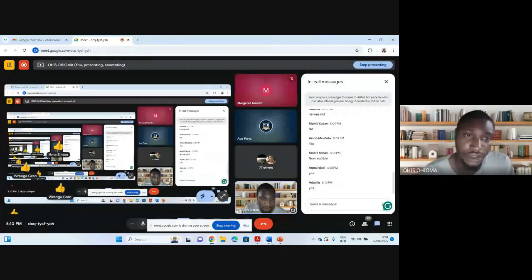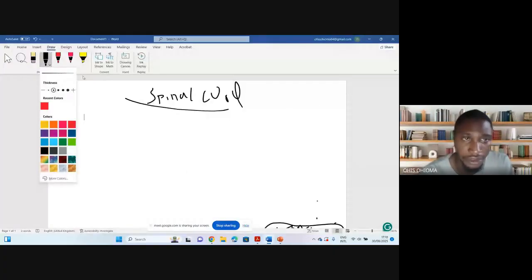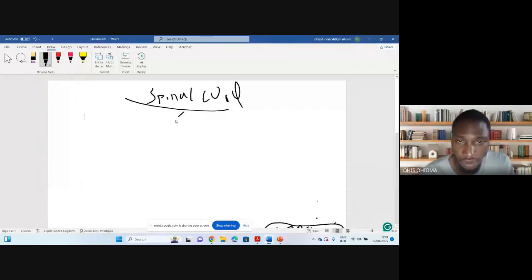So the spinal cord lesions, I'm going to try to classify them in a simple way for you to remember. I'm going to call the ones that affect children, and the ones that affect adults, right?